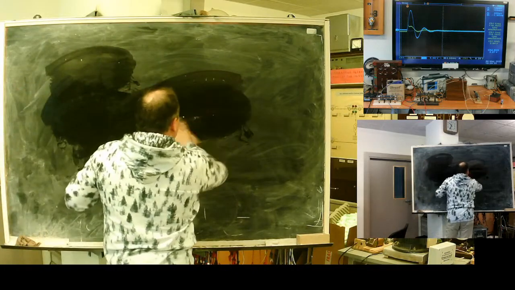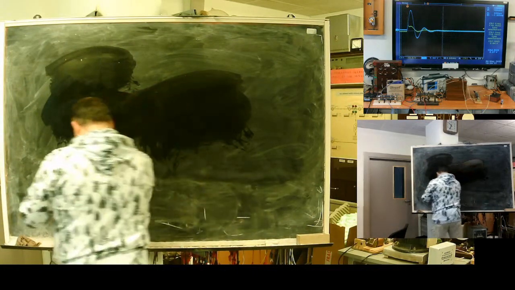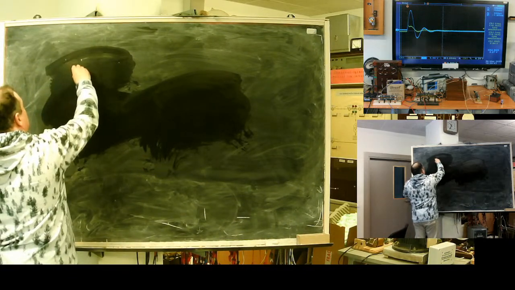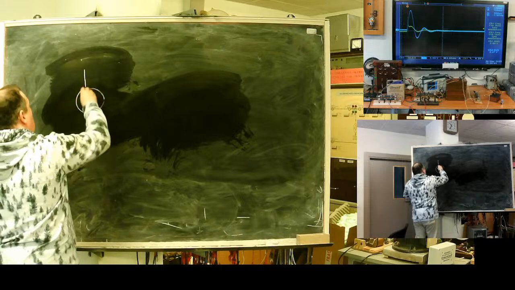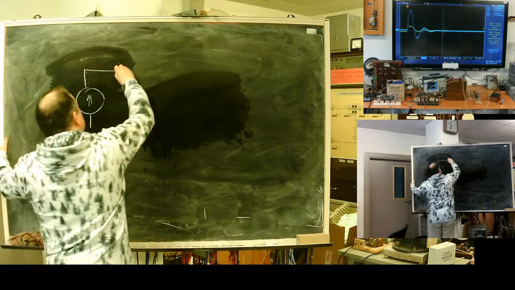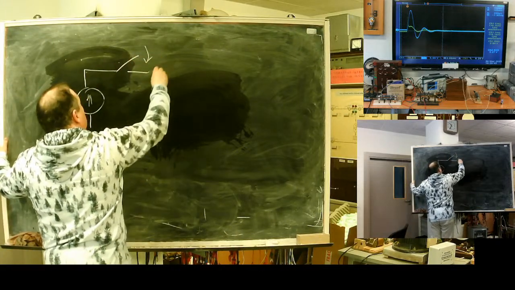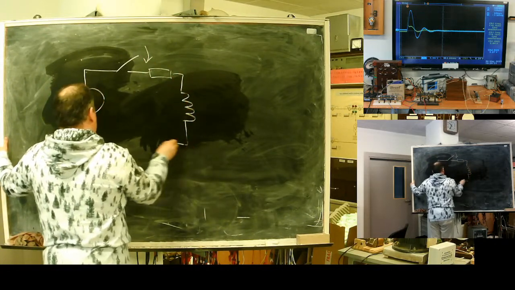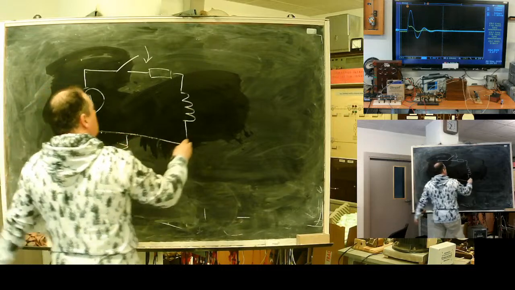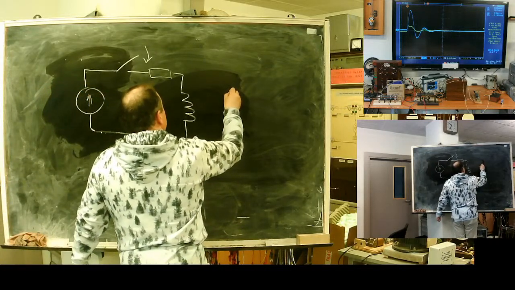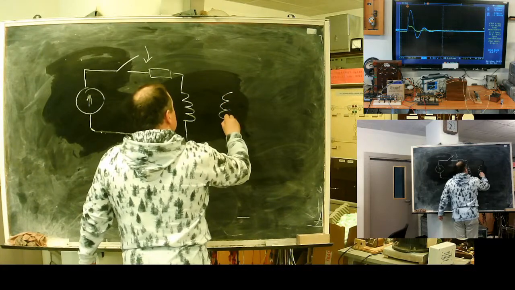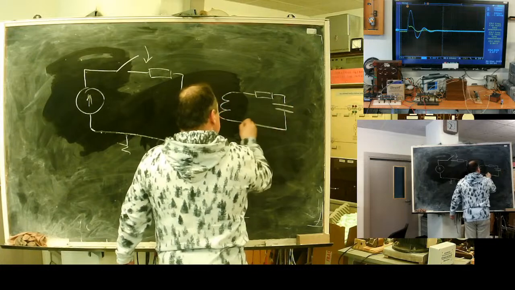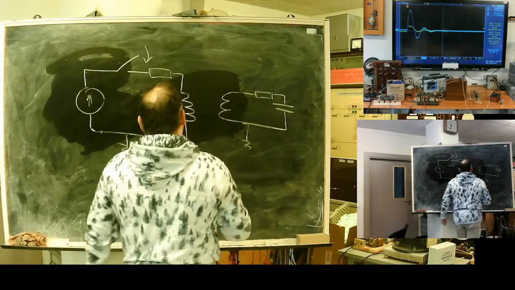What is the demonstration? A network, not easy to solve, really. A DC source, a switch will go in. This is grounded. On the secondary side, I have a resistor, a capacitor, and ground.